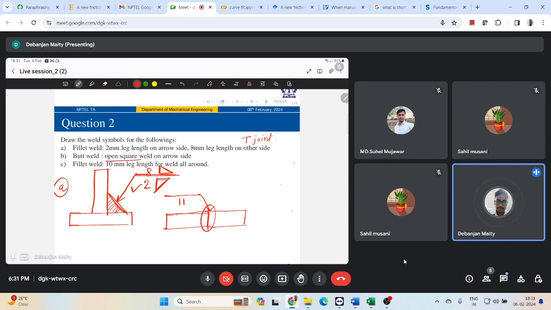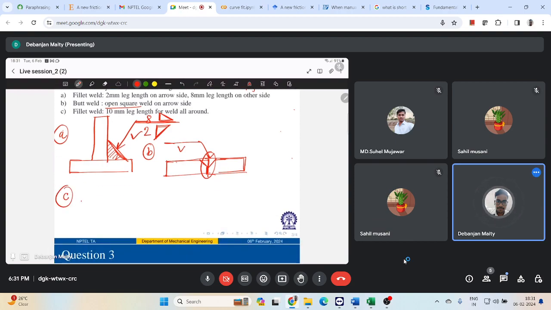Correct? This is what I have talked about. Now, if it is a V butt weld, in case of parallel lines, you had to simply put that V symbol over there. So this is my B.